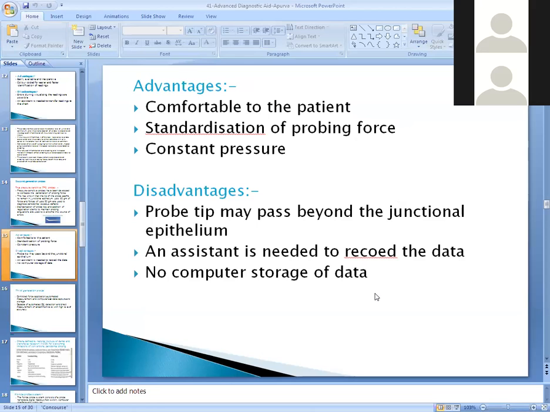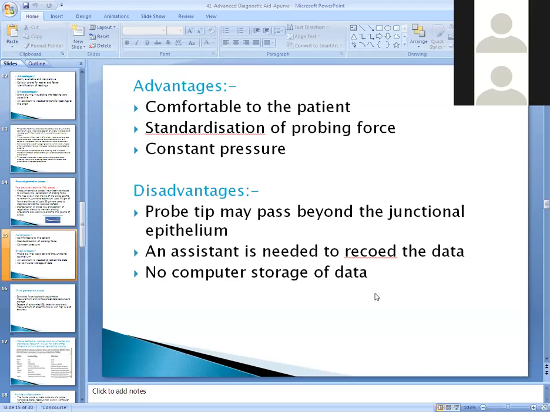In a healthy area, if 30 grams of force is applied, it will reach the base of the sulcus. But with the same probing force in an inflamed area, it will reach beyond the base of the sulcus inside the connective tissue and hurt the tissue. So these are the disadvantages of constant pressure.